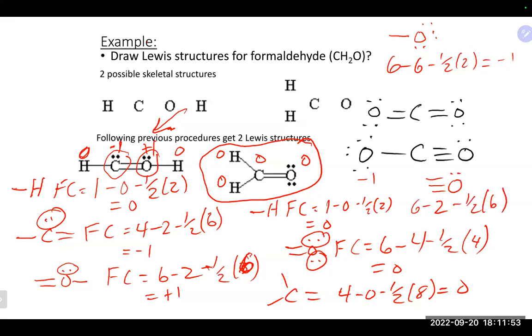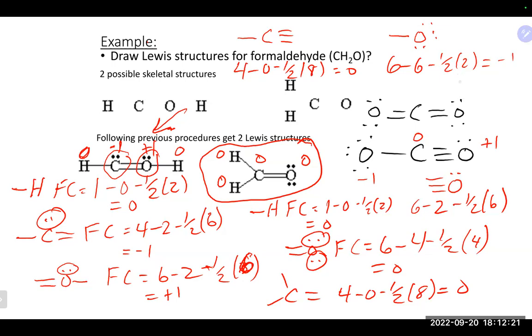So that's 6 minus 2 is 4, and 4 minus 3 is +1 in this case. And now our carbon would be 4 minus 0 minus 1/2 of 8, which would be 0 in this case. So on that guy on the bottom, we have -1 on the oxygen on the left, +1 on the oxygen on the right, and 0 for the carbon in the middle.